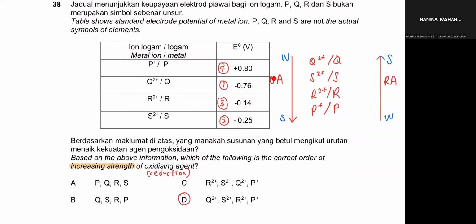It looks like weak, strong, weak. First of all, you arrange from most negative to most positive. Arrange properly. Then you can see weak, strong, weak. They ask increasing strength of oxidizing agent. Oxidizing agents undergo reduction. So reduction, increasing strength, weakest to the strongest. W is weak, S is strong. So from Q2 plus to P plus. Down here.